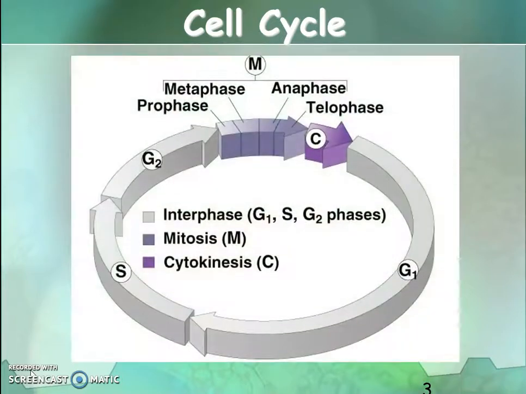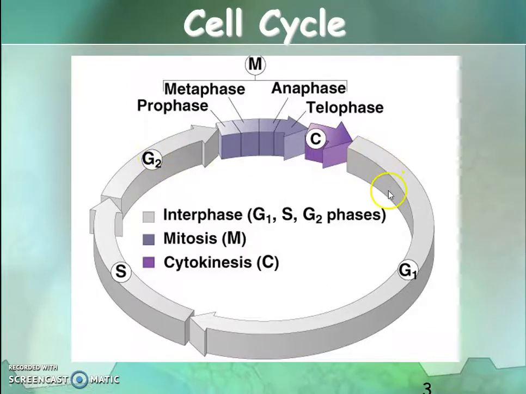So let's look as a whole at how the cell cycle looks. It starts with the G1 phase. From the arrow you can see it's the longest phase, and after that it's the S phase, which is the synthesis of the DNA, and G2, which is the secondary growth phase.